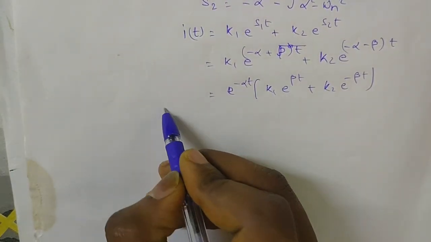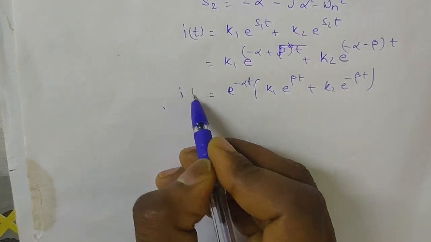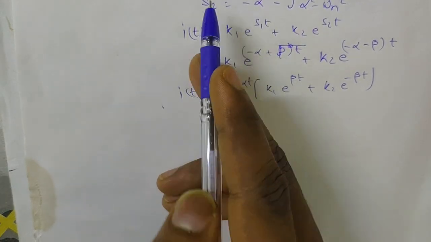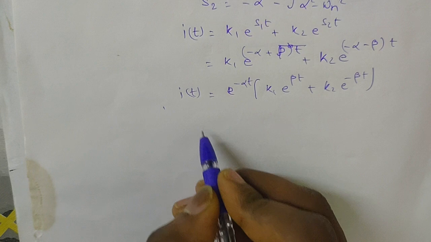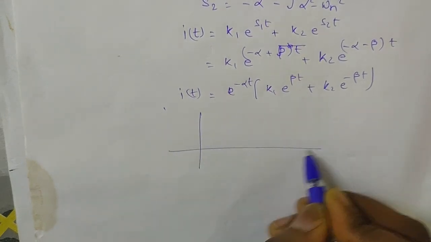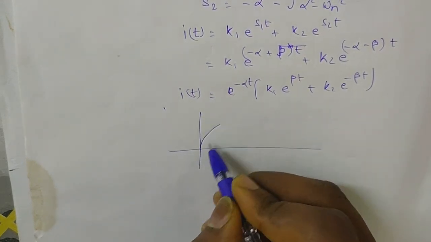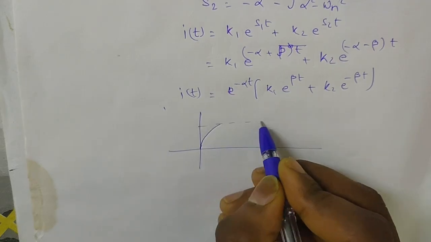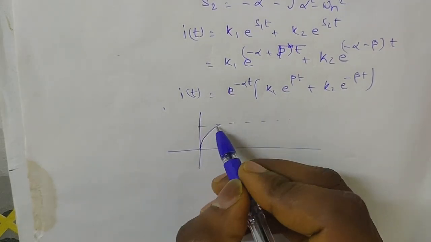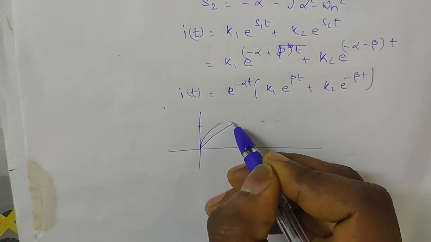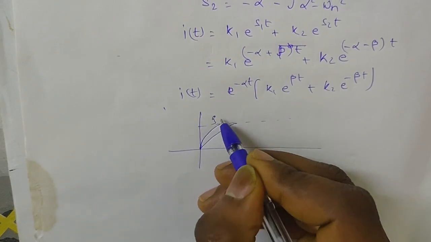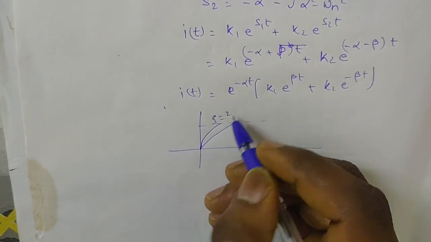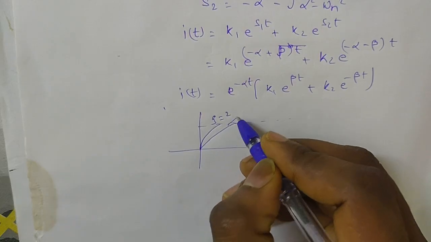So this is the response if alpha is greater than omega n. The response will look like this, based on alpha, that is the zeta value. If the zeta value is 2, this is the response.